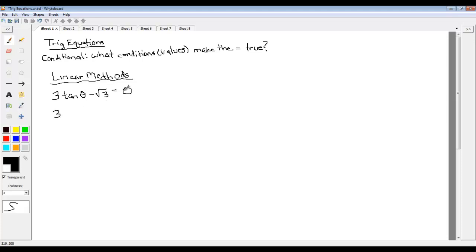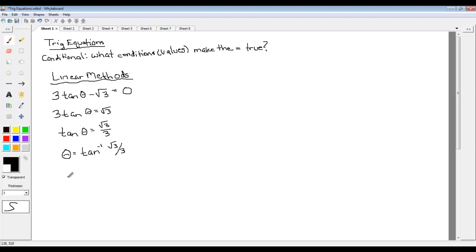We're going to add square root of 3 to both sides, divide by 3 on both sides, and then to find theta, we have to do the inverse tan of square root of 3 over 3.